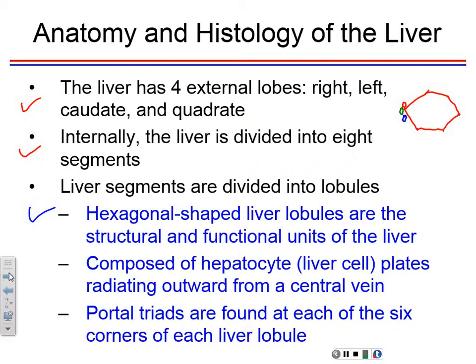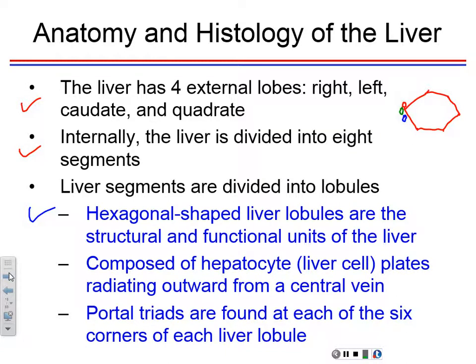And then this one will be carrying deoxygenated blood, but full of nutrients, nutrient-rich. So those are some of the things I'm going to want you to talk about when we talk about conduction of bile from the liver to the intestine, and then conduction of blood from the small intestine, carrying all those nutrients but oxygen poor, to the liver to get processed.